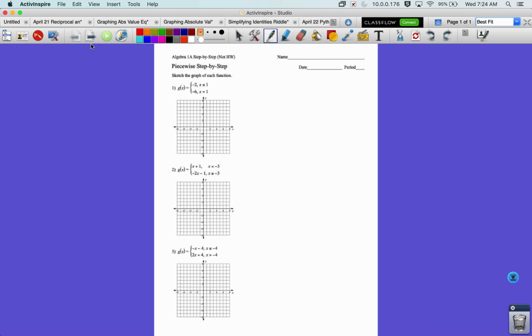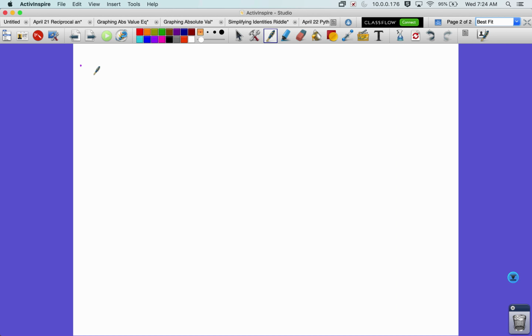Before we get started with the step-by-step, let's get just a quick definition of what a piecewise function is. So you can just write this on the back if you printed this off, or in your notes if you're just taking notes on this.